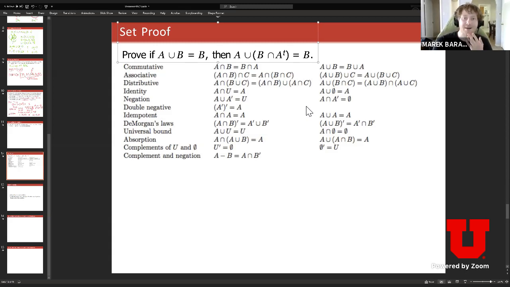So I'll give you a little hint. We're going to start with A union B, A complement, and we're going to try to move it to this form. I think that's a typo. I'm not sure, I converted this from PDF. I think it's just A complement, so it's A tick.